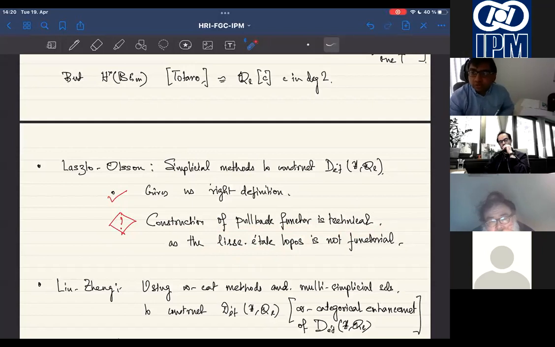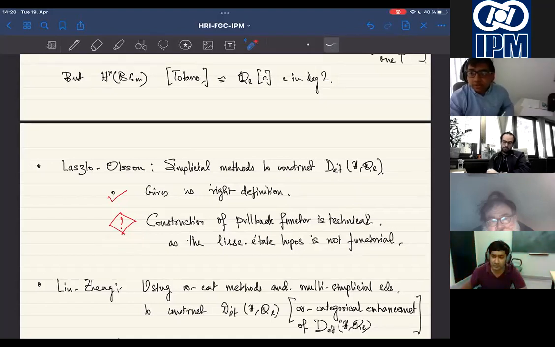And this is not functorial. That means if you have a morphism of algebraic stacks, you don't have a morphism between these topoi, and somehow these are intrinsic to the definition of the derived category. So this doesn't work, and so they have to do a bit of a technical procedure to construct such functors. So there is a problem in understanding on the functorial level what happens.